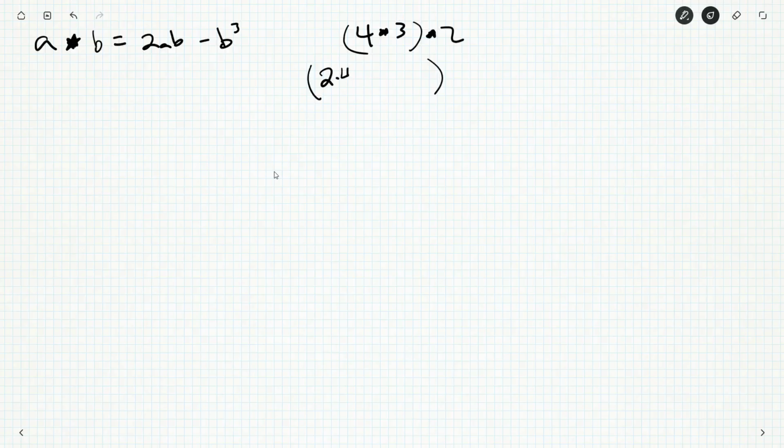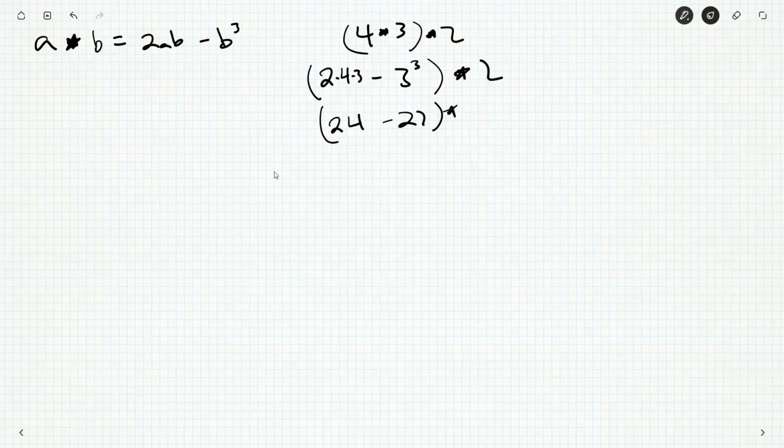So 2 times 4 times 3 minus the second one, which is 3 cubed. Let's clean this up. 2 times 4 is 8, times 3 is 24, minus 3 cubed, which is 27. Suppose we should have equal signs here. So we get negative 3 asterisk 2.